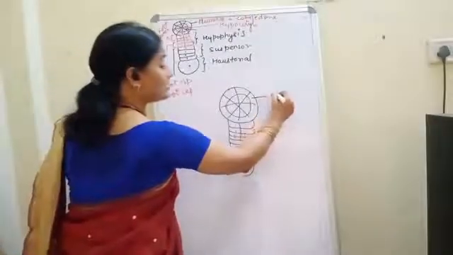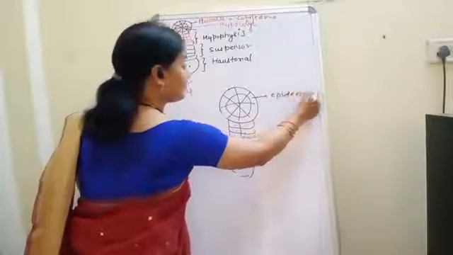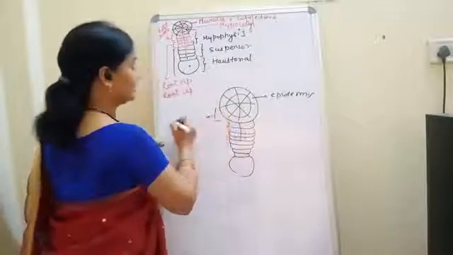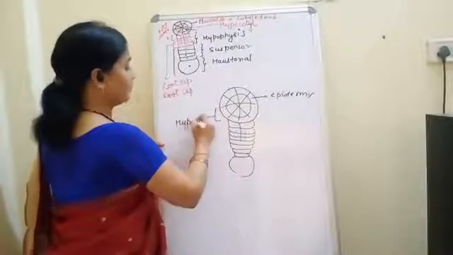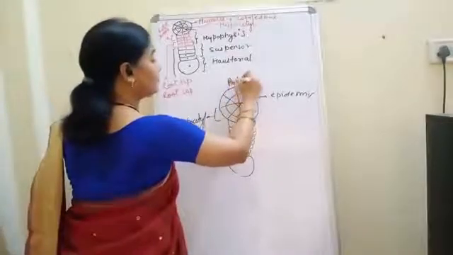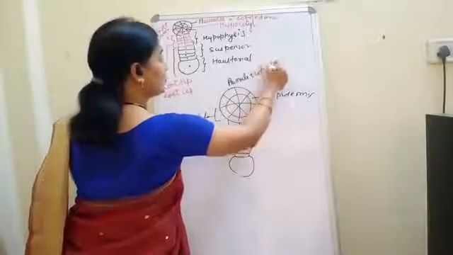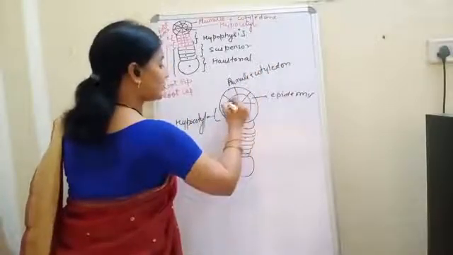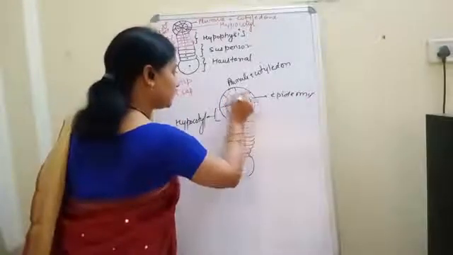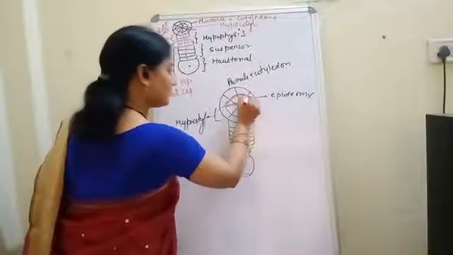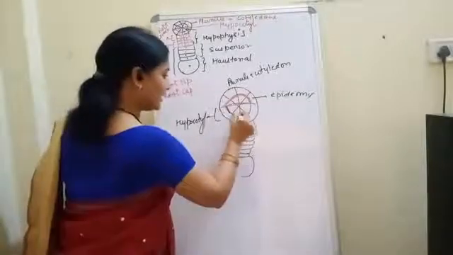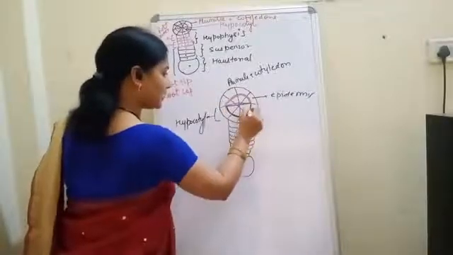The outer is giving the epidermis finally, and of the inner, the lower 4 cells are giving us the hypocotyl, and the above ones are giving us the plumule plus cotyledon. Above means I am talking about these 4 cells. Okay. Make it clear. And the downside 4 cells are giving us the hypocotyl.